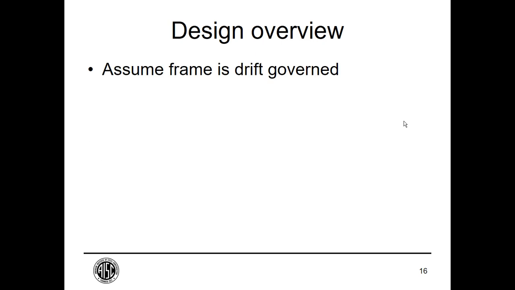All right, I will remind you that my advice is to treat the moment frame as governed by the drift demands. So that is to say, the drift limit will be the governing concern in selecting our frame member sizes. Our beam size and our column size will be selected to keep drift under the drift limit.